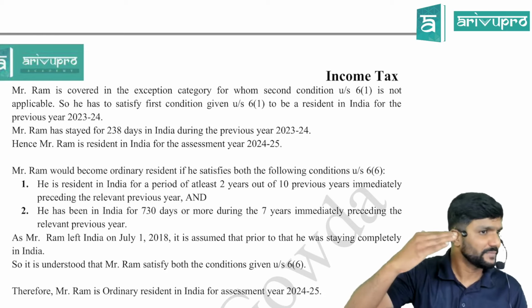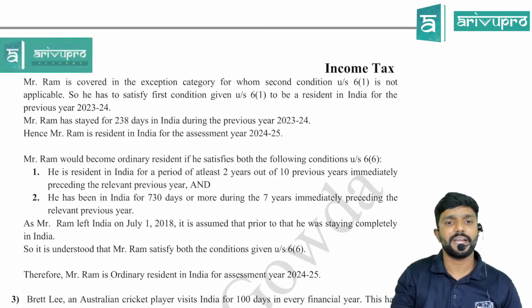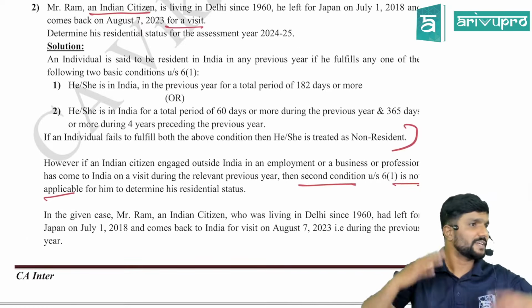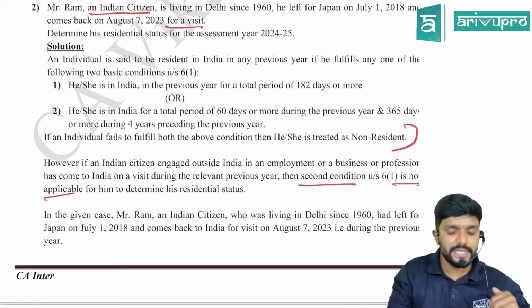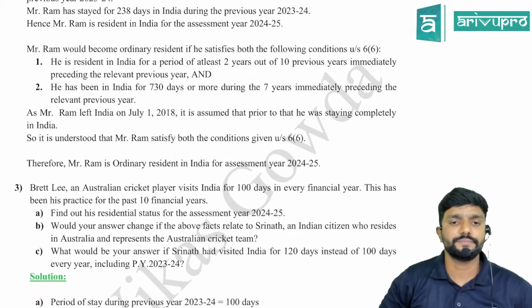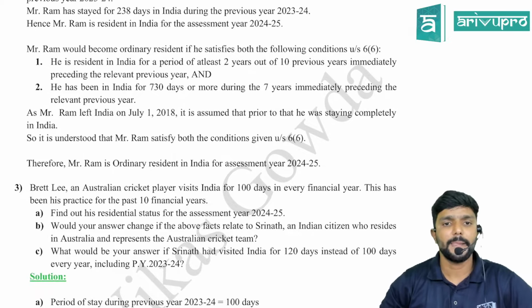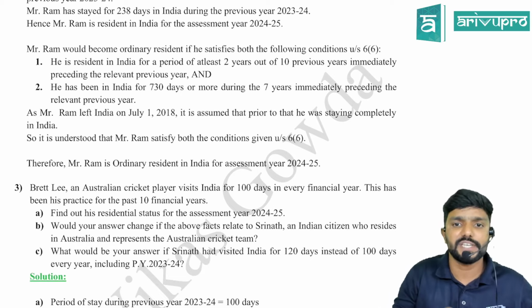This is the first part, not the final conclusion. That is why I have not given the heading, because I have done it part wise. In the first part, I have decided whether he is a resident or non-resident. Once he is a resident in the first part, we will go to the second part. Now, coming to the second part. Mr. Ram would become ordinary resident if he satisfies both the following conditions under section 6.6.